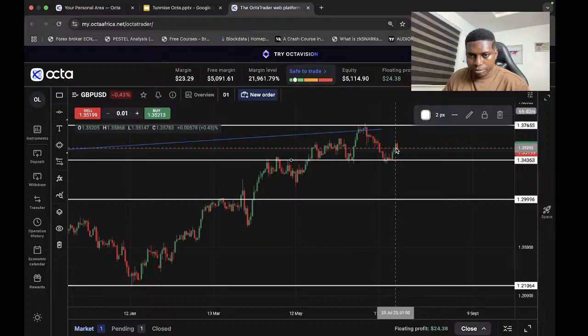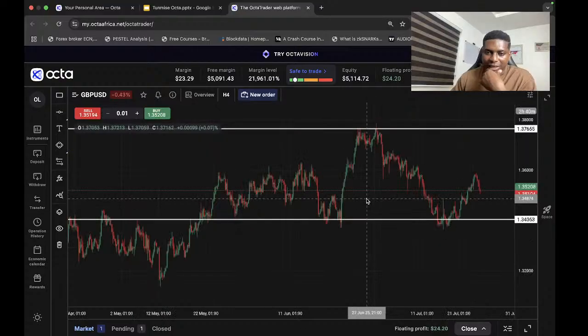From here, we're going to go to the 4 hours time frame, in order to have a closer view of what price is doing in a smaller time frame. And here already we can see that price has been respecting this support and resistance zone. This is a resistance turned support zone.